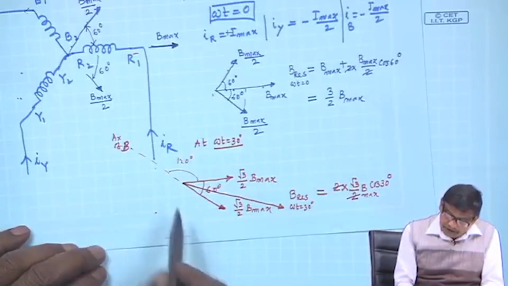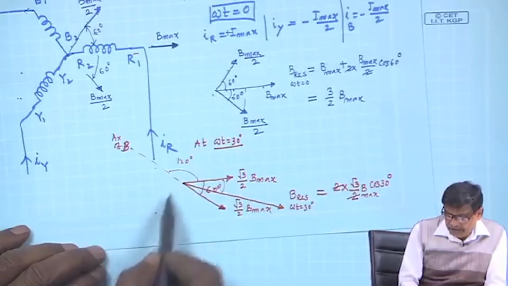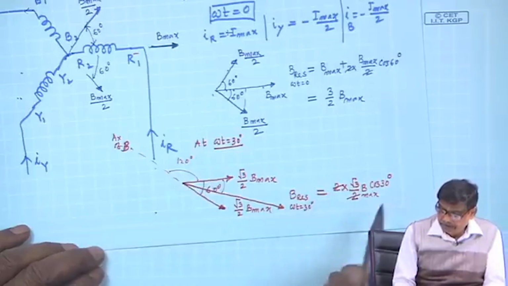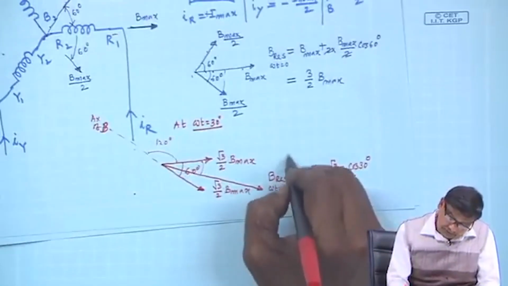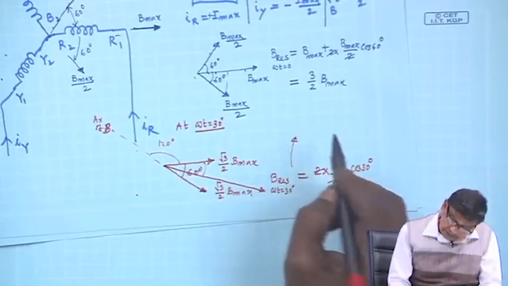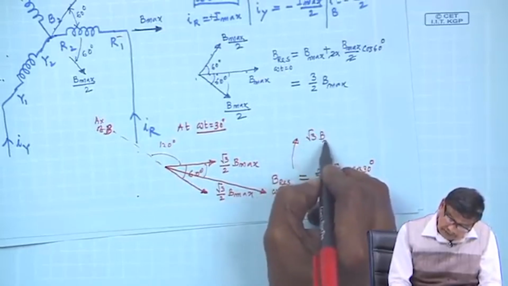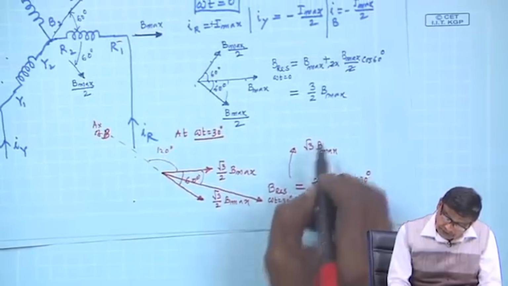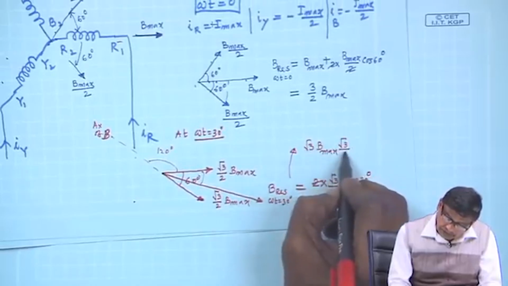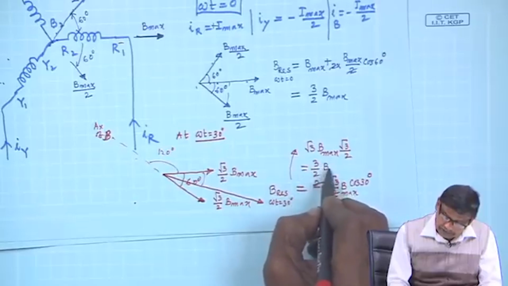Or you can take the 30 degree component here, vertical components will cancel off. So, 2 P and this cos 30 degree. So, this 2 cancels. So, root 3 B max into cos 30 degree, which is once again root 3 by 2, is equal to 3 by 2 B max.